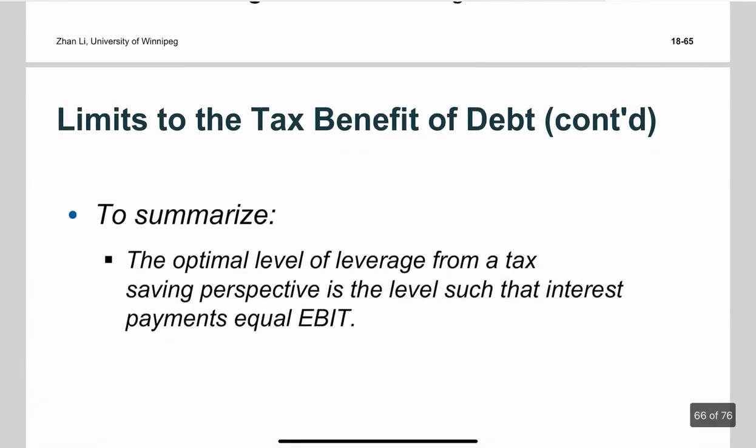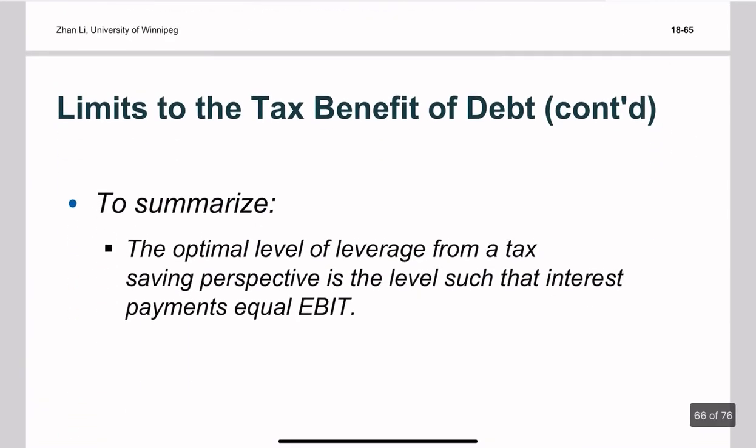So you can see that the optimal level of leverage from a tax saving perspective is the level such that interest payments equal EBIT. You don't want interest payments to exceed EBIT because this will not generate additional tax savings and it will actually generate some cost because of the large tax on the interest income.